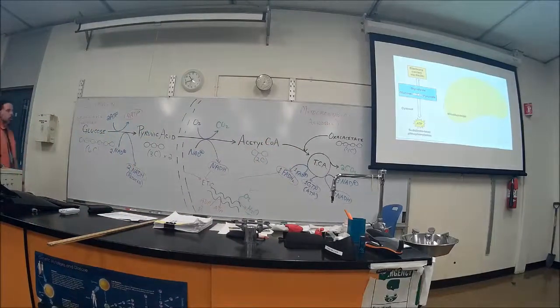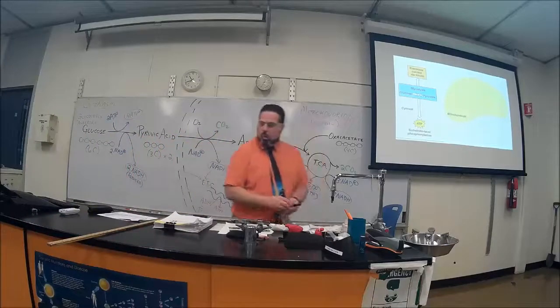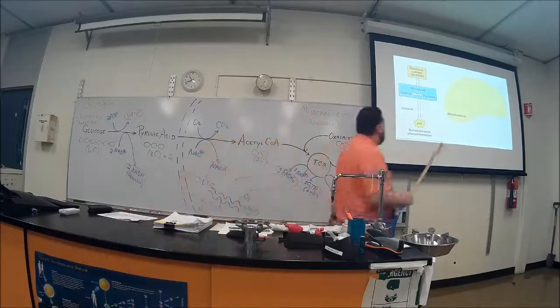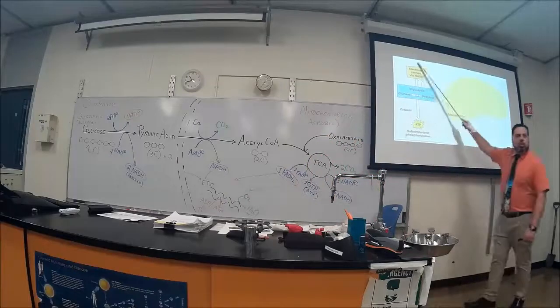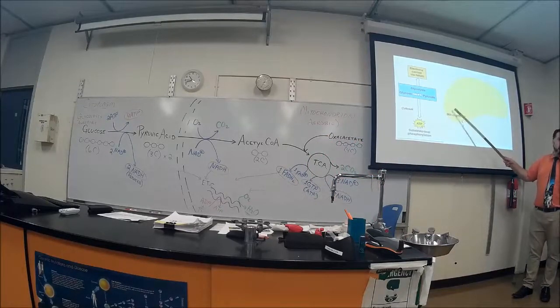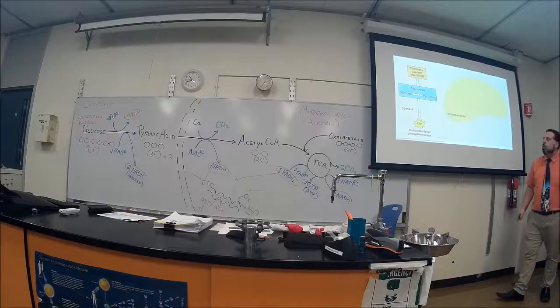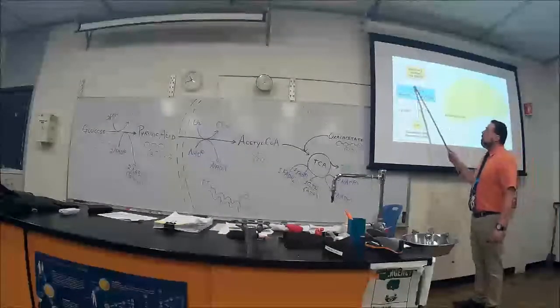So, showing the same thing, just in picture form. This is the cytoplasm, or cytosol. Here's your mitochondria. It kind of shows you the two membranes over there. Glycolysis is happening over here.